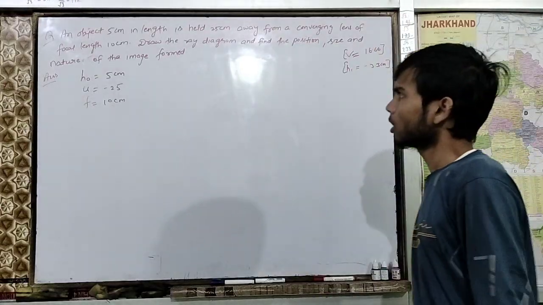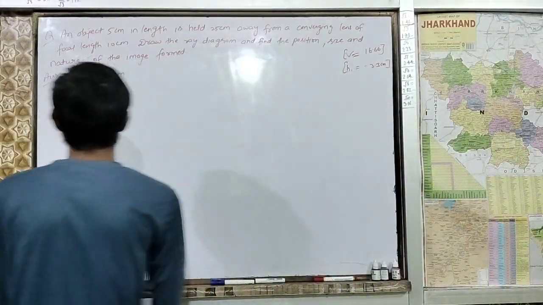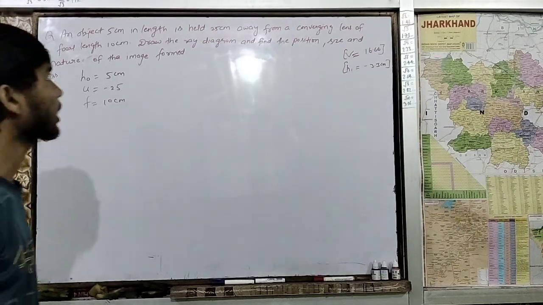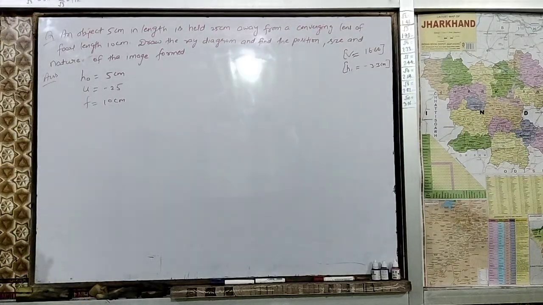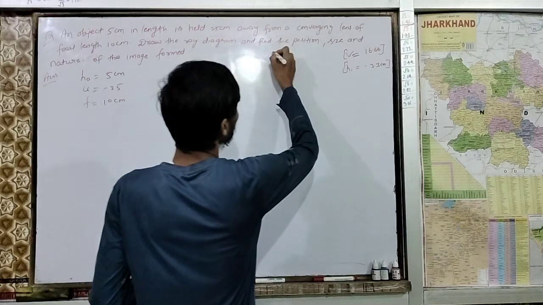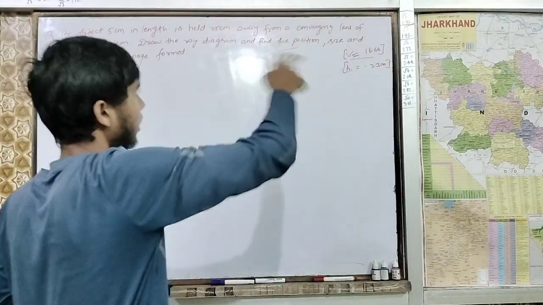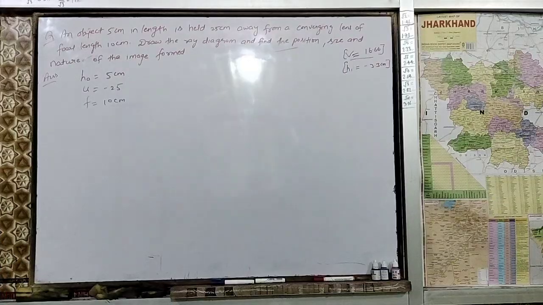So f is given, but v is not given. Draw the ray diagram and find the position, image size, hi, and the nature of the image. So let's find v first of all.